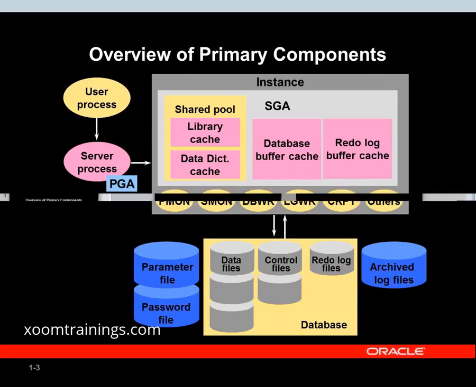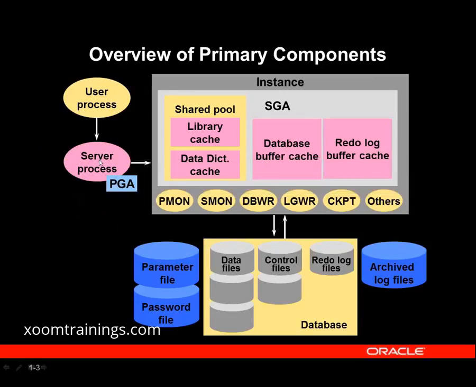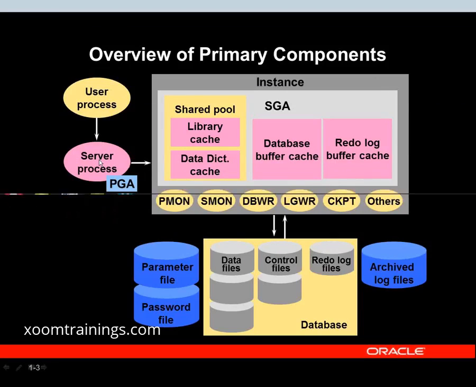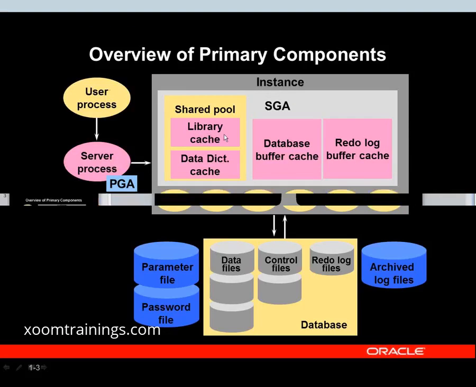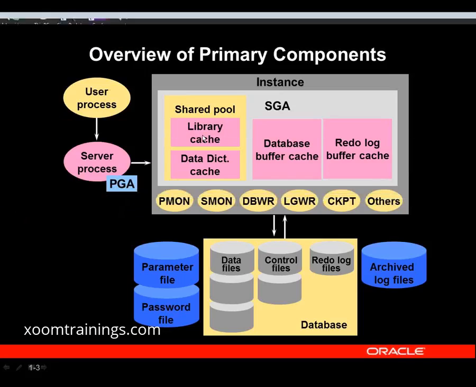Let's say some user fired a command like select star from table name. Then the server process checks whether that statement is already stored in the library cache. Let's say select star from EMP; the server process checks whether that statement is already there. If it is there, it is counted.